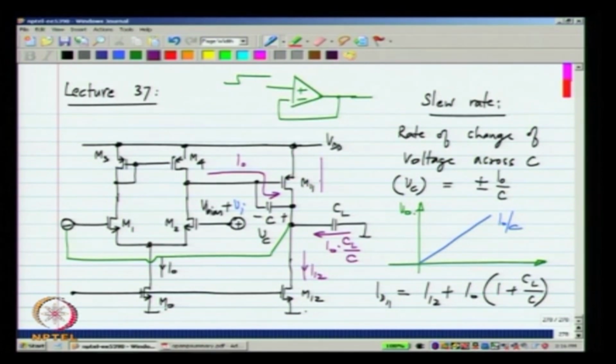So, the current through M11 will be I12 minus I0 times 1 plus CL by C. Now, is it possible for this to attain any value? Clearly not. In the quiescent condition, I12 is flowing through M11, and when we reduce Vi, I0 flows this way, I0 flows that way, and the output voltage will reduce.